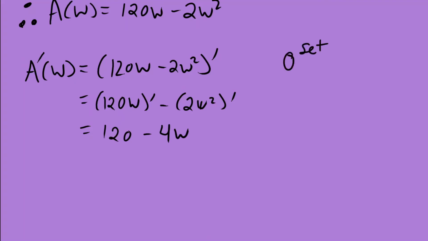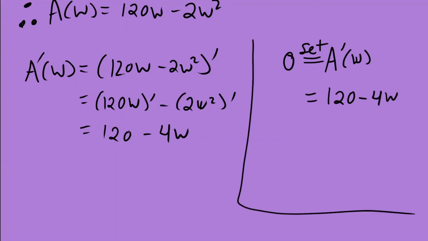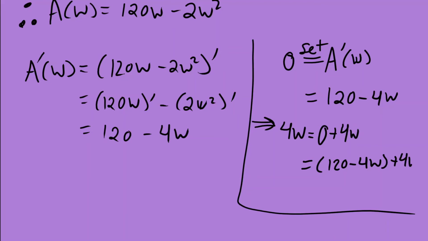Now, 0 set equal to A prime of W, that is equal to 120 minus 4W, shows us that 4W is equal to 120. Therefore, W is equal to 120 divided by 4, which is equal to 30.